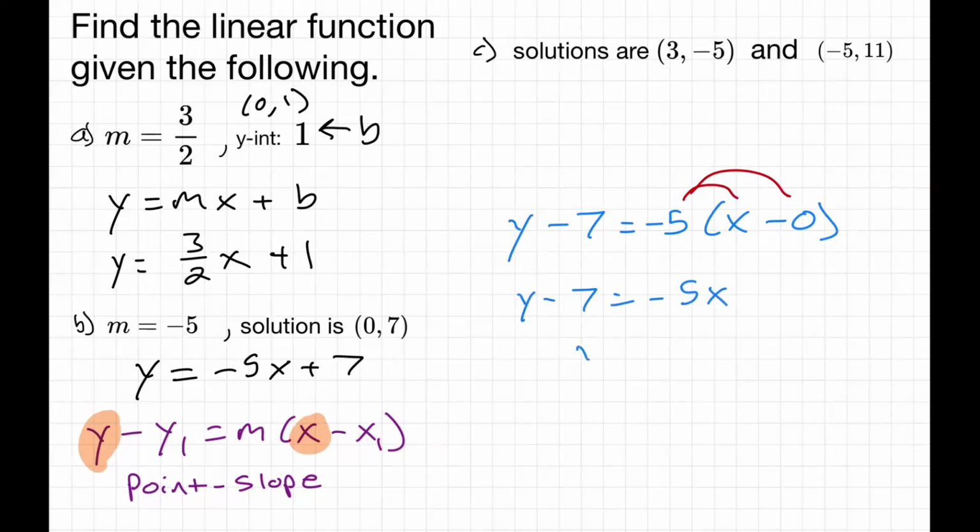And then I can add the 7 to both sides. And guess what? Isn't that the equation we started with right away? You didn't have to do this for this problem, though. Make sure you see that if you recognize you have a y-intercept, you know your equation. Once you have a slope and once you have the y-intercept, you have everything you need. This is just another tool to help us get there. Just a helpful way to write it.